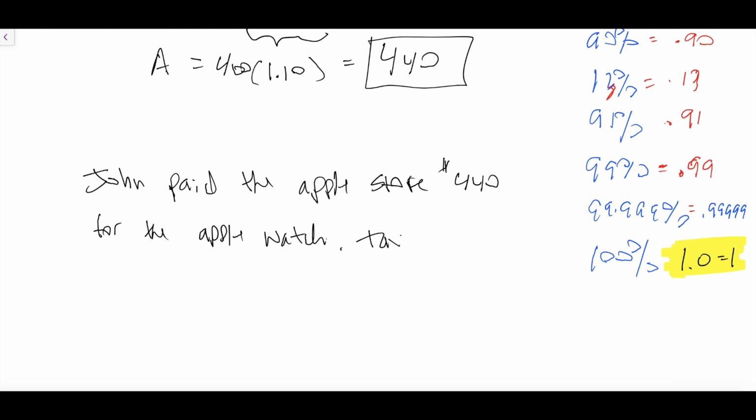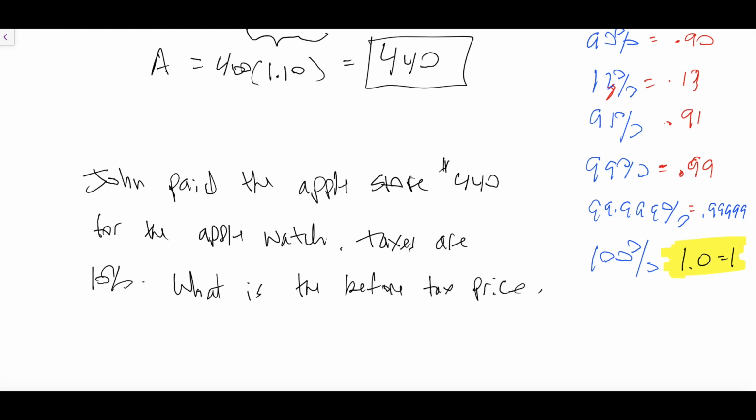Taxes are 10%. What is the original, or before tax, price of the watch? Can I just do 440 divided by 10, or times 0.1? I'm going to address that in a second. What is the before tax price?